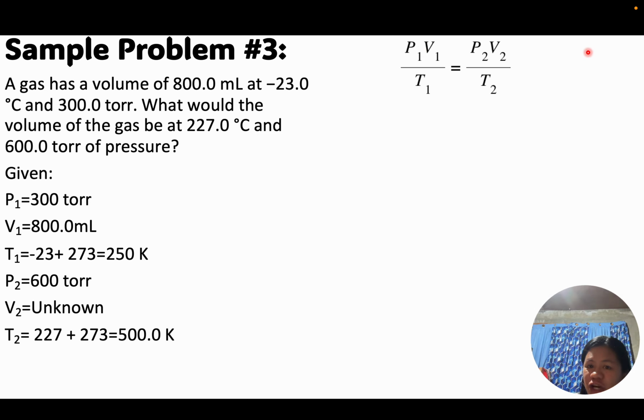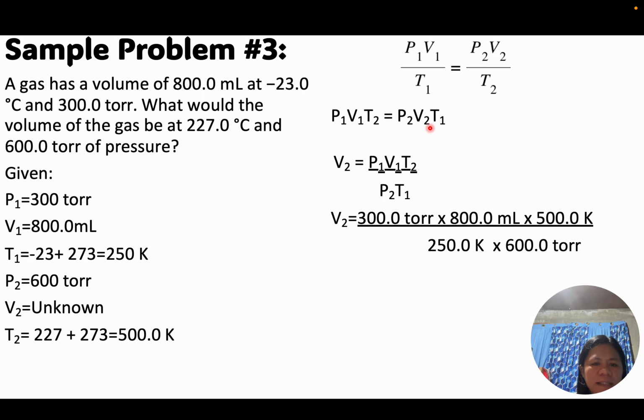And, i-linear lang natin siya. Since V2 yung hinahanap, same formula from sample problem number 2. So, distribute lang natin. P1, 300 Torr. Ang V1, 800 ml. Now, looking at the given, ang T2 naman natin is 500 Kelvin.